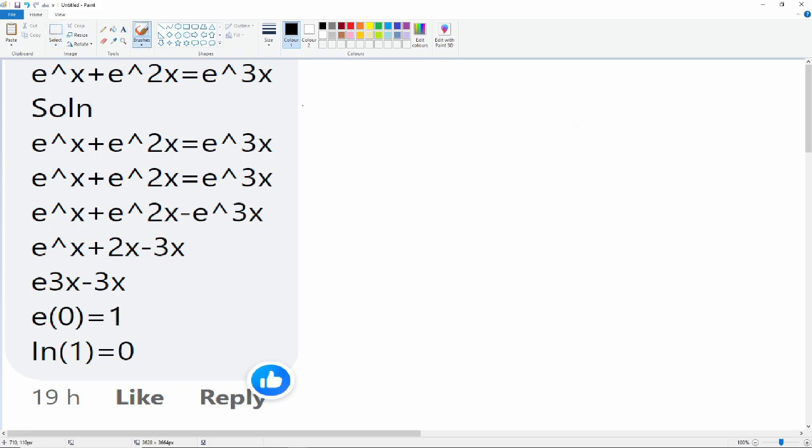And so the question is e to the power x plus e to the power 2x is equal to e to the power 3x. And we're basically trying to solve to find out what this is.